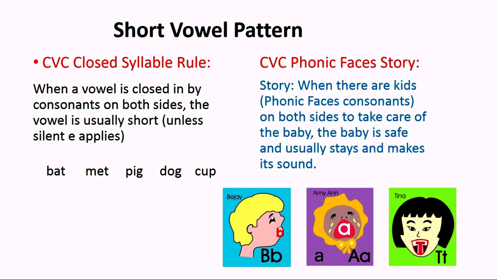So when there are kids, phonic face consonants on both sides to take care of the baby, she is safe and usually stays and makes her sound. So this is a short vowel pattern. So it's real easy to show kids that the baby gets to stay because the consonants are taking care of her.